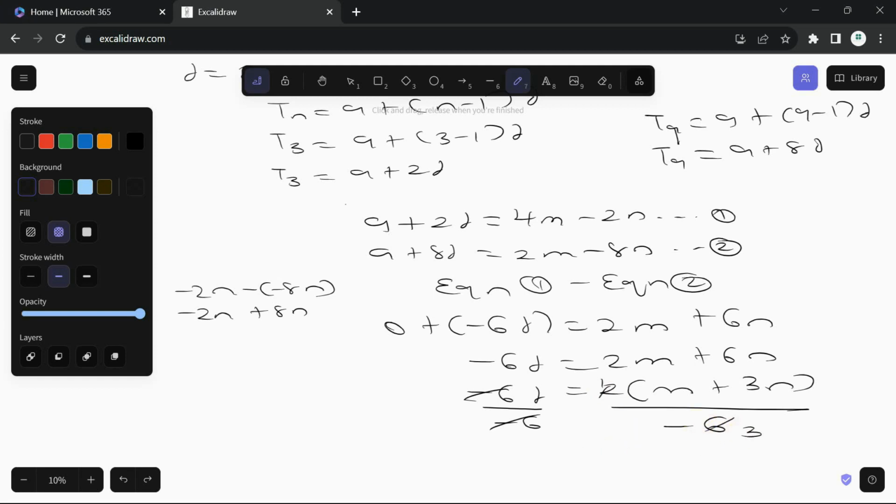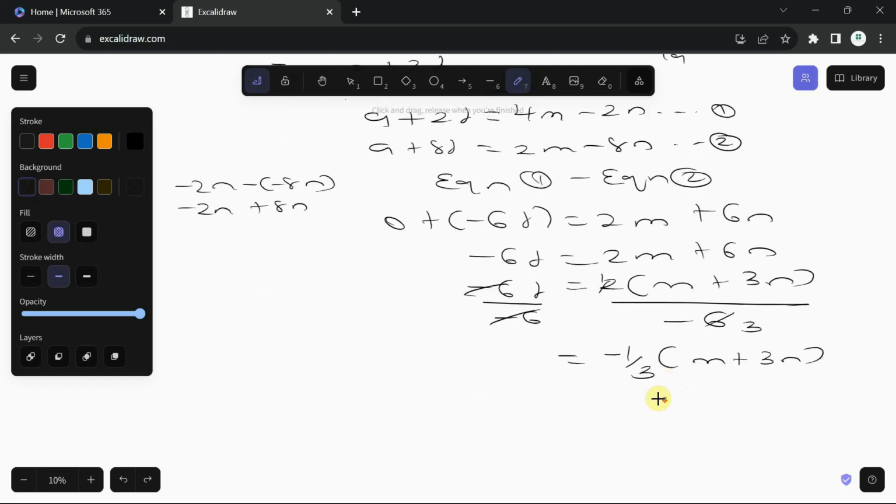So what I have basically is, I could bring the minus up and say d equals minus 1 over 3, m plus 3n. Alternatively, I could have said minus bracket m plus 3n all over 3. Still the same thing, but you need to know that the brackets here are very, very important.